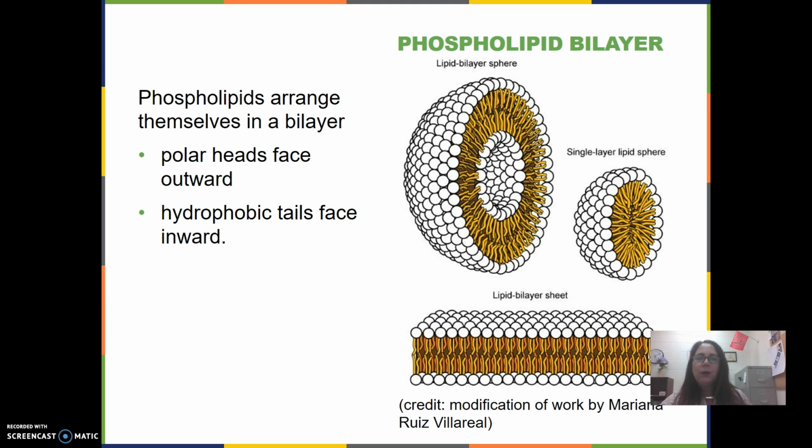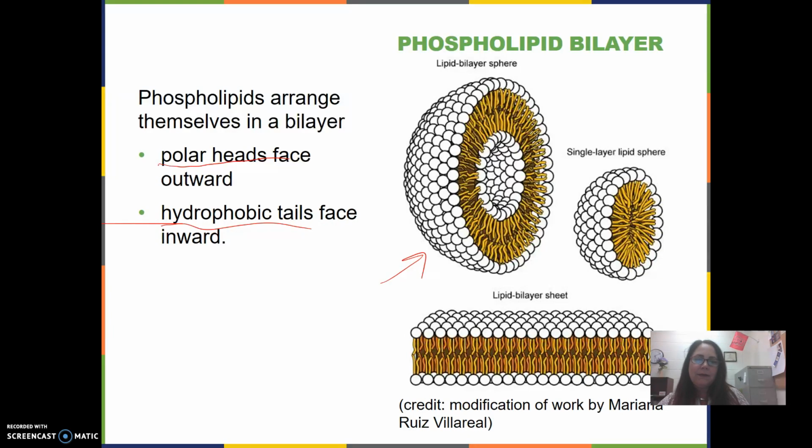This is showing a lipid bilayer without the proteins and the cholesterol molecules, and it's showing you that the polar heads are facing outward and the hydrophobic tails are facing inward. If you were to just drop a sample of phospholipids into a beaker of water, they would automatically form a structure like this. They would do that naturally.